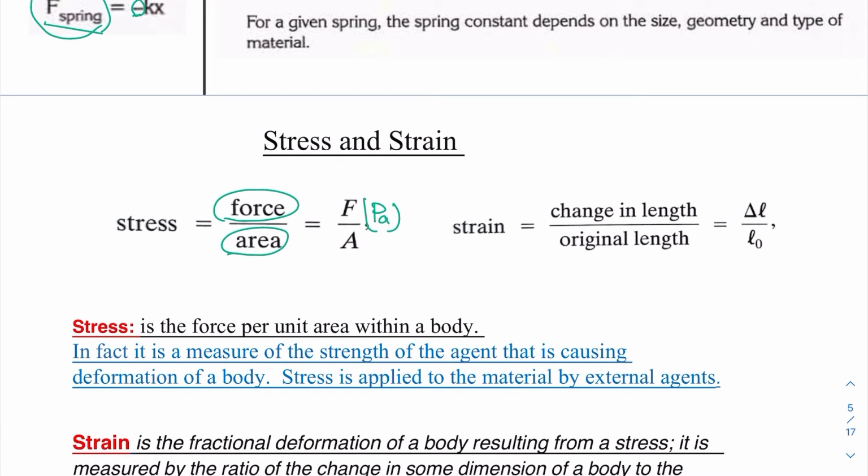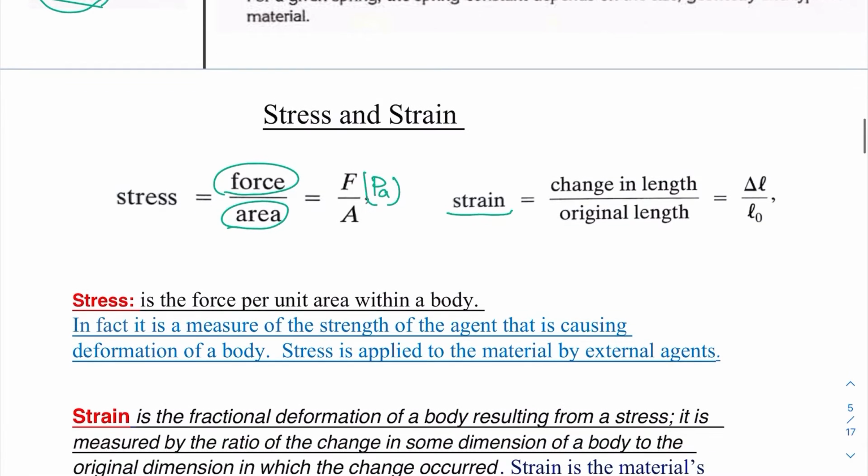Okay, and how about the strain? Strain is the ratio of the change in length to the original length.